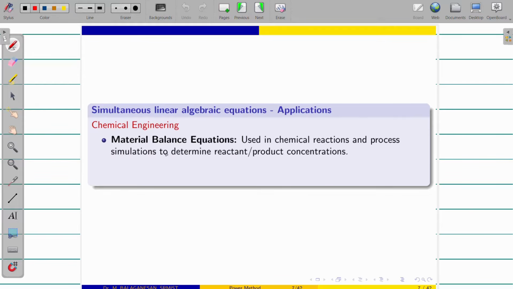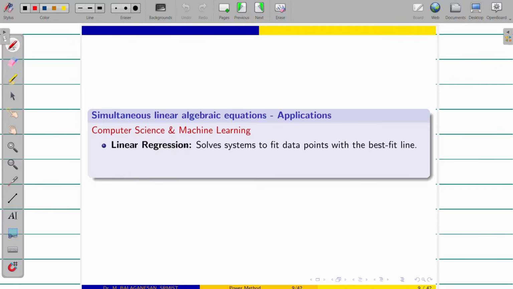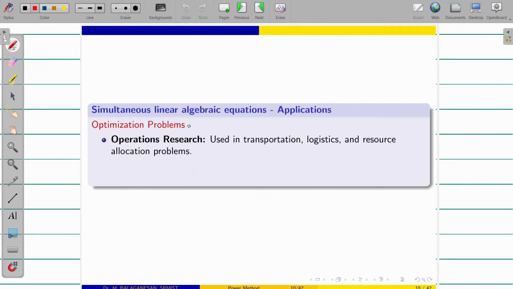Then chemical engineering, physics, even astronomy, computer science and machine learning. And if you want to discuss optimization problems, it plays a vital role in operations research and even in game theory.